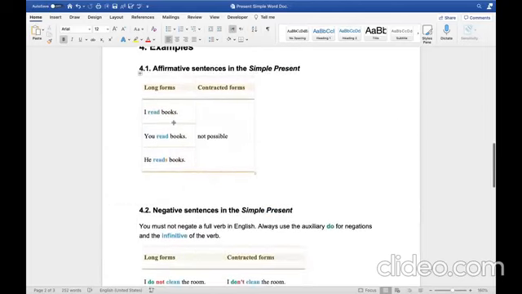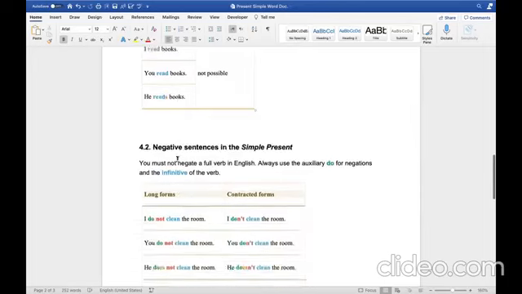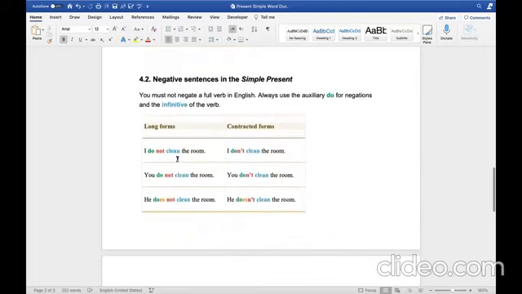The form of course, we have I, we, you, they, infinitive, and he, she, it takes S or ES. And in the negative, we use don't or doesn't. And after them, the verb comes in infinitive. What is the meaning of infinitive? Without any addition. في المصدر.